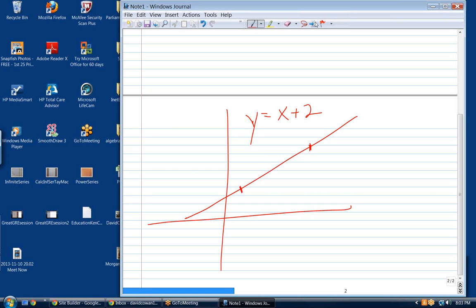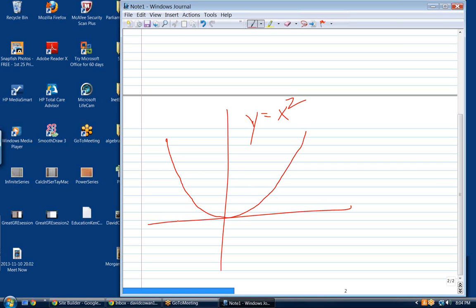Okay. If you're looking at quadratics, notice that they're curved lines. In other words, if I look at this, now the rate of change changes depending on where you're at on the x-axis.